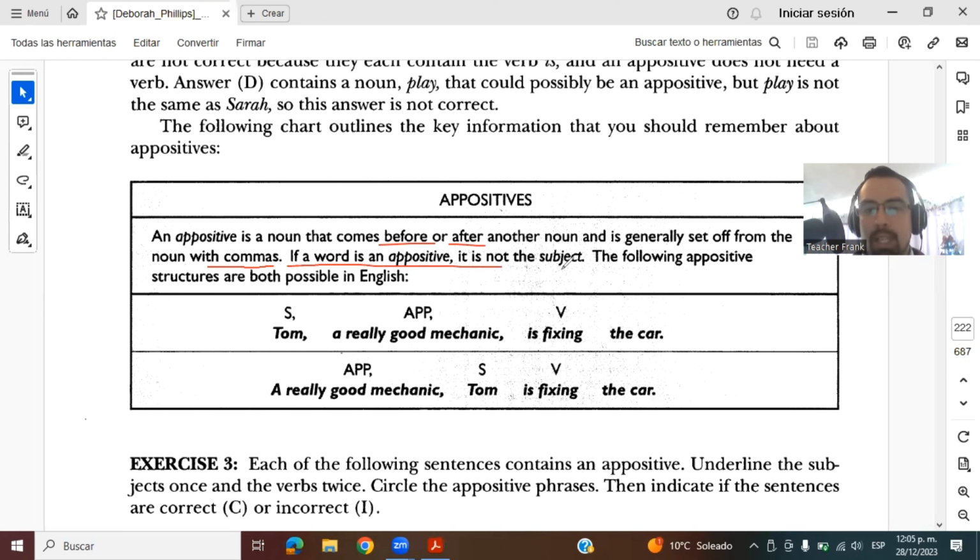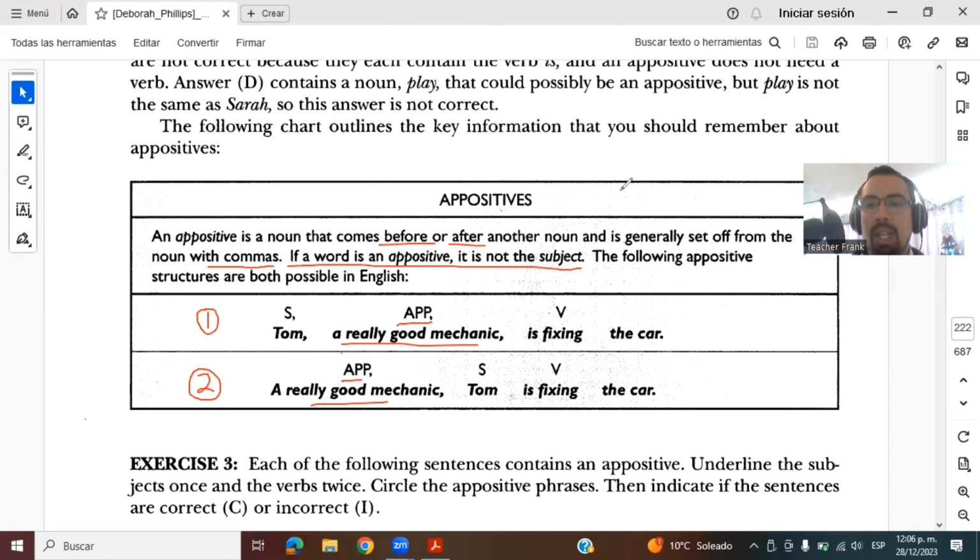This is the basic idea. And these are the types of appositives we can have. First, we can have the subject, Tom, and then the appositive, a really good mechanic, in between two commas, is fixing the car, then my verb structure. Or we could have the appositive first, right? The same sentence: a really good mechanic, Tom is fixing the car, okay? So start with the appositive, one comma, then the subject and verb.